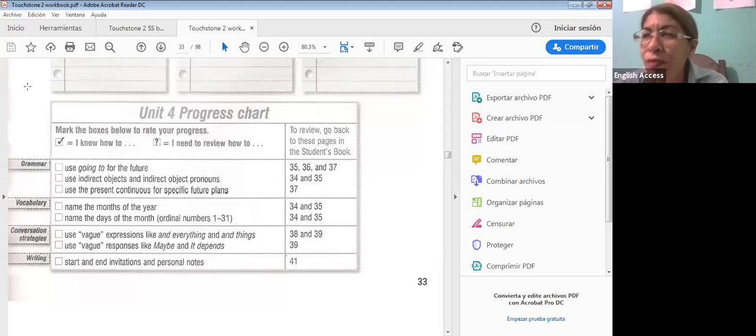Present continuous. Let's see. For example, we can say we're having an English class tomorrow at 4:30. If you pay attention, I'm using present continuous to talk about the future. We are having an English class tomorrow at 4:30.